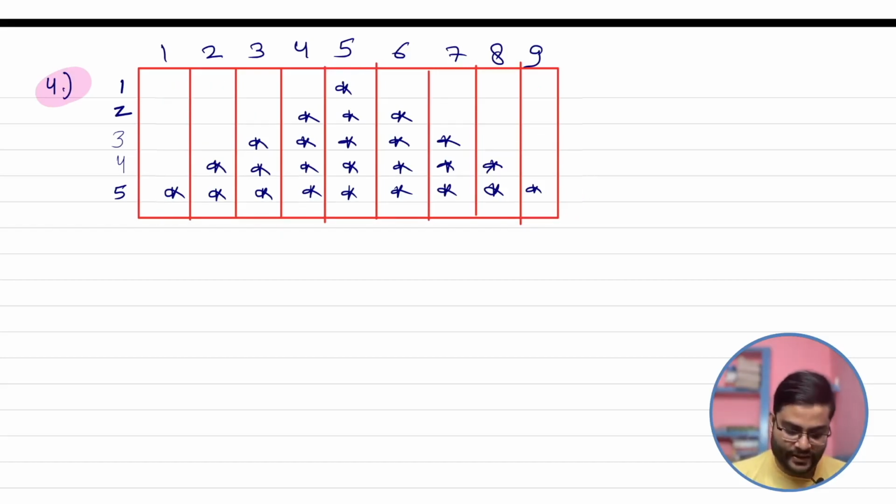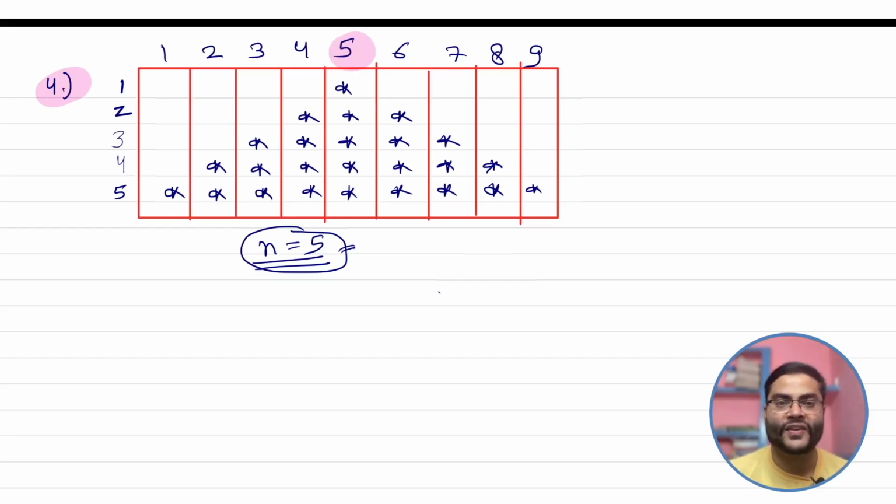If we observe, our n value here is 5, right? So for n value 5, the star starts from index 5. If our n value were 4, our star would start from the 4th index. So here n is 5, so our first star in the first line will start from 5.